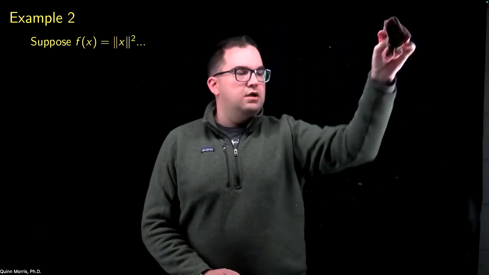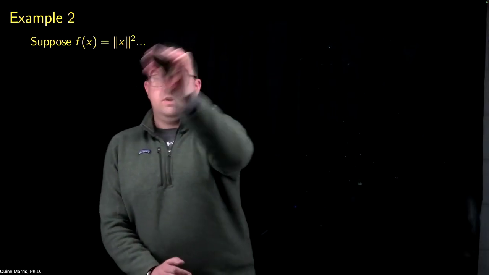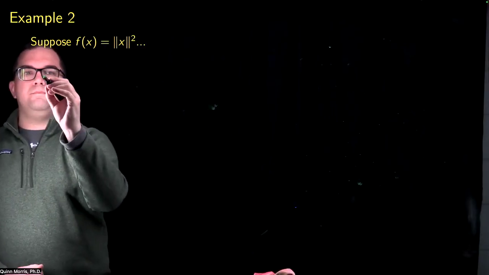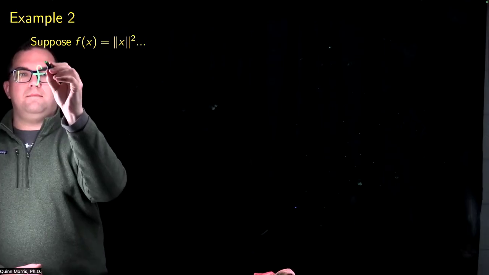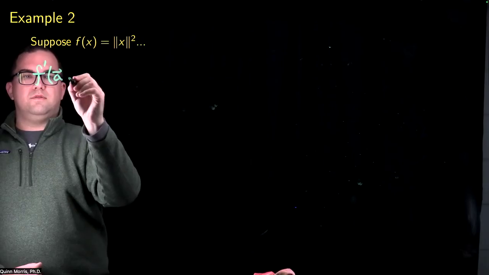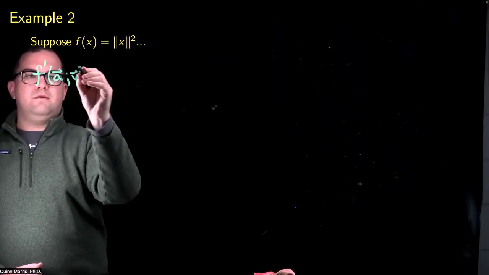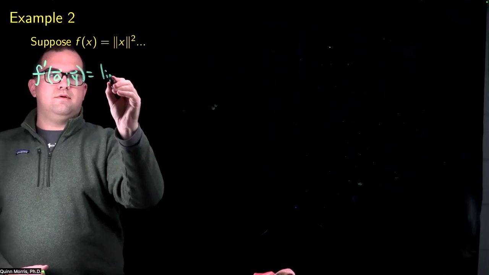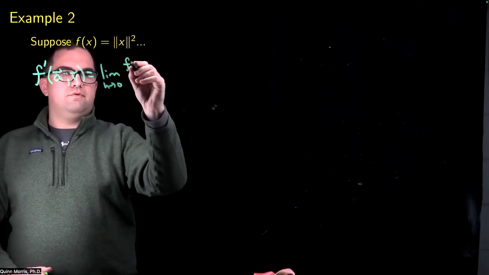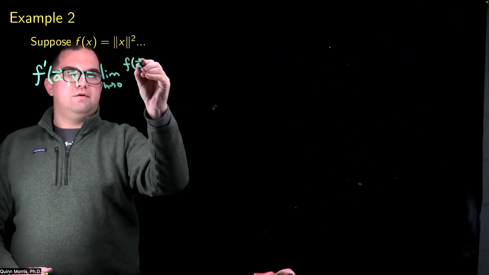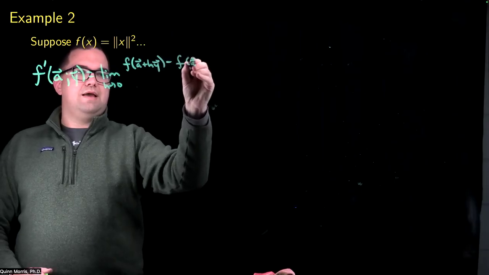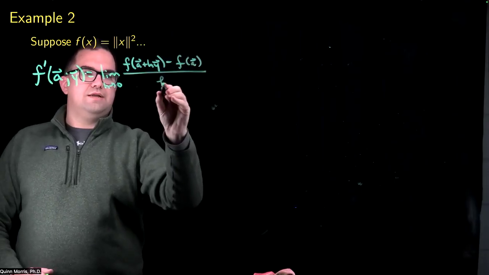All right. So let's start by just first writing out, what is the limit definition? If I wanted to compute f prime, the derivative of f at a with respect to y, it is the limit as h goes to 0 of f of a plus hy minus f of a over h.